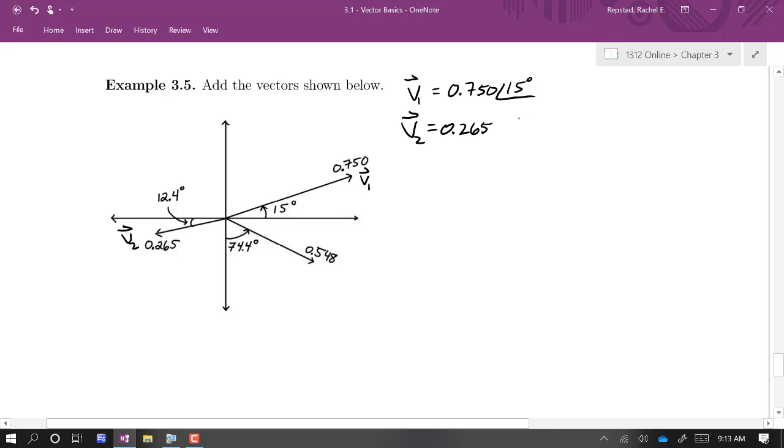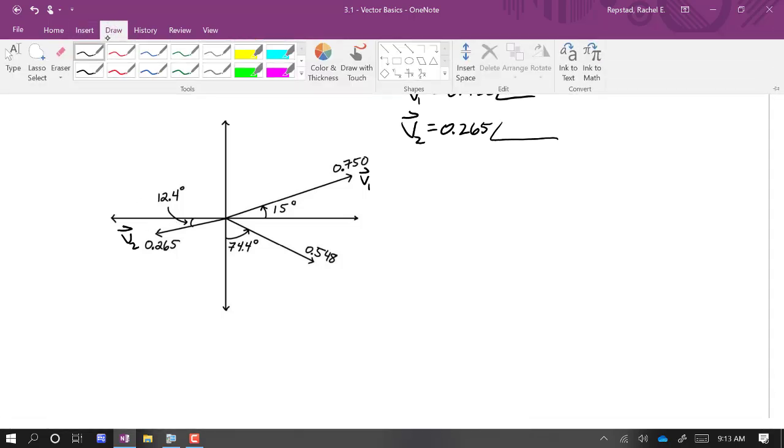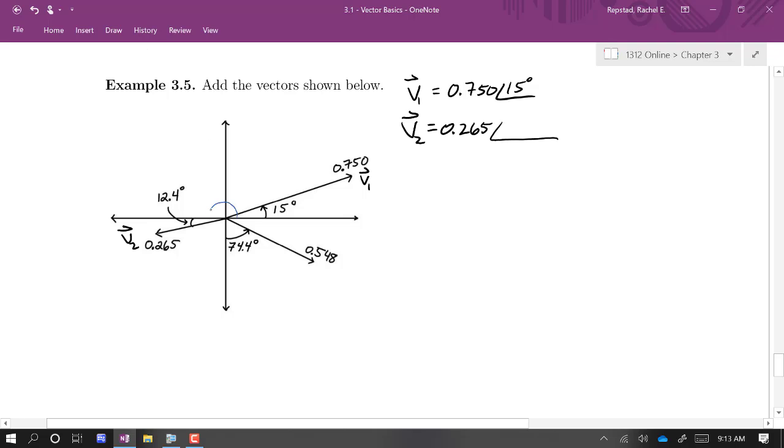However, its direction is not 12.4 degrees. This is actually a reference angle they gave us, but this is a third quadrant vector. So the angle I want is actually that angle right there. So theta 2, the theta for V2, is going to be 180 plus 12.4 degrees, since I can see that's 12.4 degrees beyond the 180. That's 192.4 degrees.